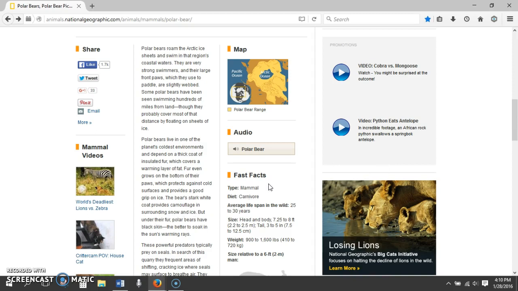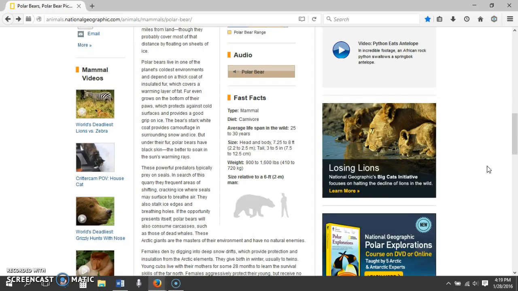The fast facts for the polar bear show that it's a mammal that has a diet like a carnivore with an average lifespan in the wild of 25 to 30 years. So this website gives us facts about the polar bear. Its purpose is to inform us.